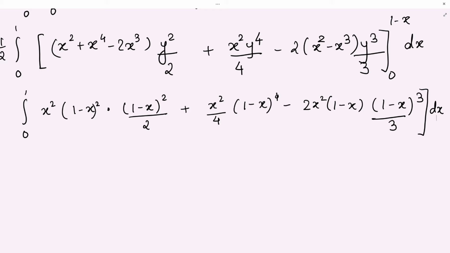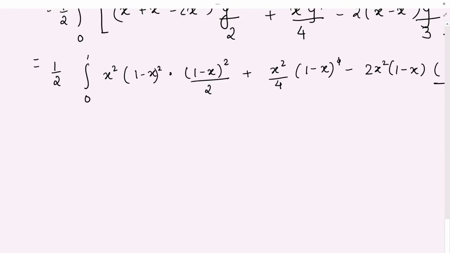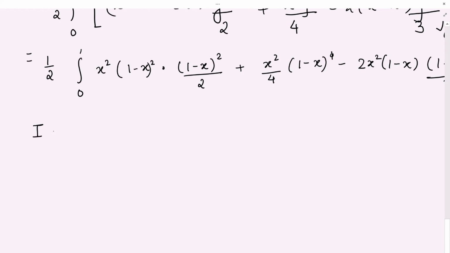So this whole thing, if we look into, some things will get cancelled. Let us simplify and see what all are getting cancelled. And then we'll have to integrate it. So after integration and after simplifying, I leave it for the students to exercise.